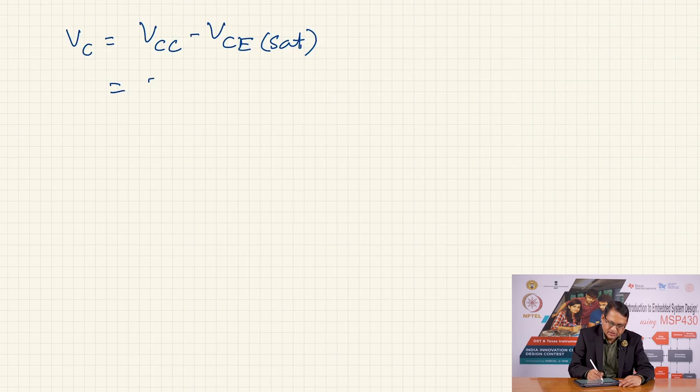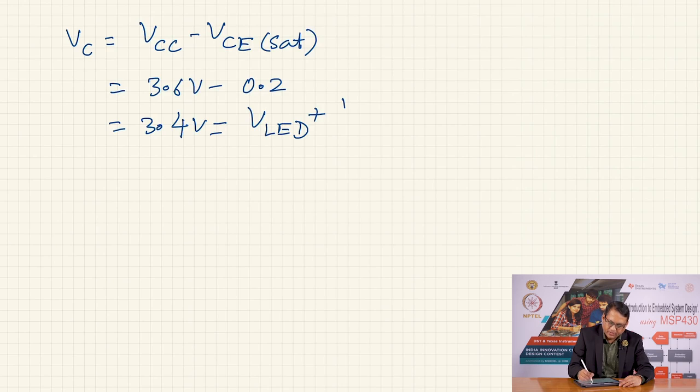When the transistor is saturated, the collector voltage Vc is equal to Vcc minus Vce sat, and we can assume the same voltages. Here Vcc is say 3.6 volts and Vce sat is say 0.2 volts. So, the collector voltage will be equal to 3.4 volts, which is equal to VLED, that is the voltage drop across the LED, plus the voltage drop across the resistor, in this case VR2.